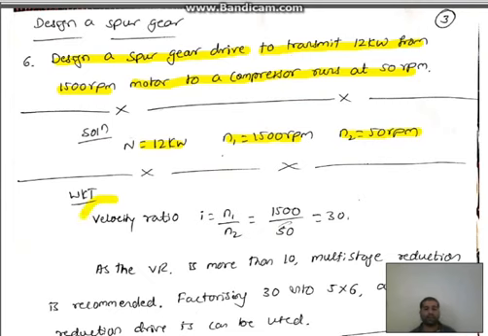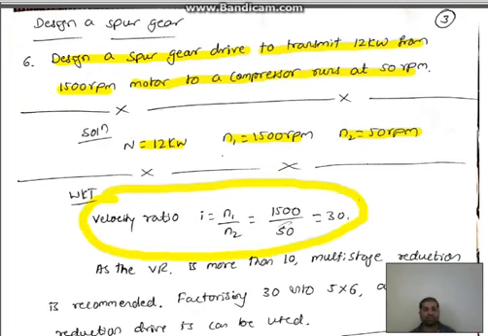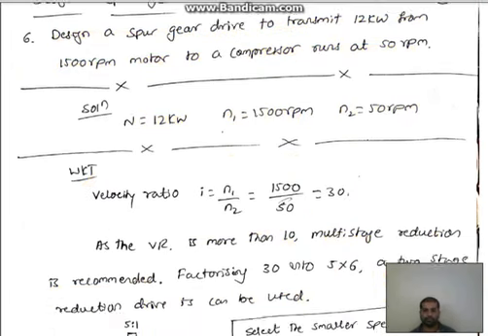Here, first we calculate the velocity ratio. As the velocity ratio is more than 10, multi-stage reduction is recommended. Factorizing 30 into 5 into 6, a two-stage reduction drive can be used.